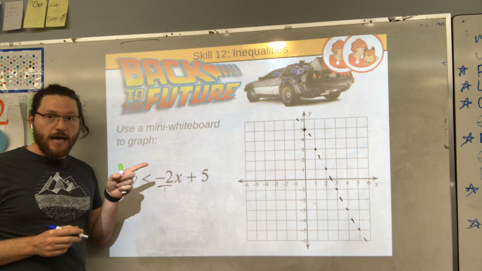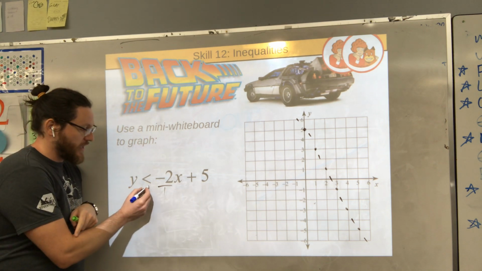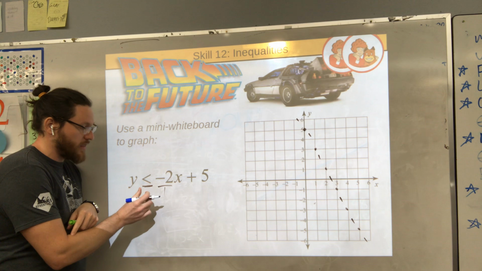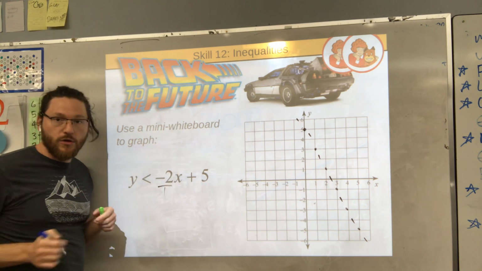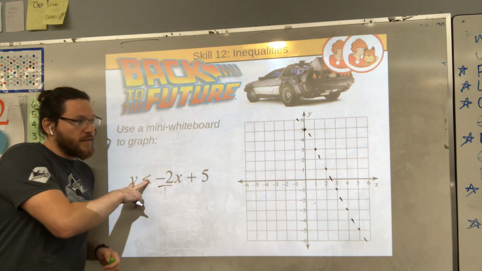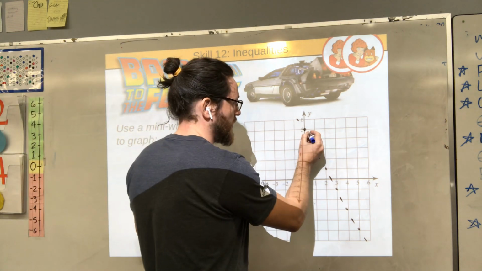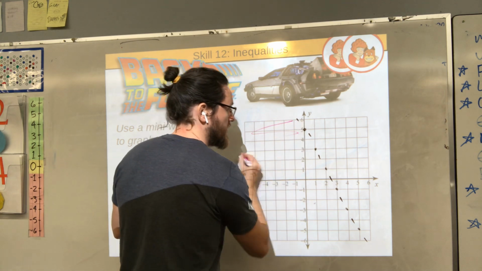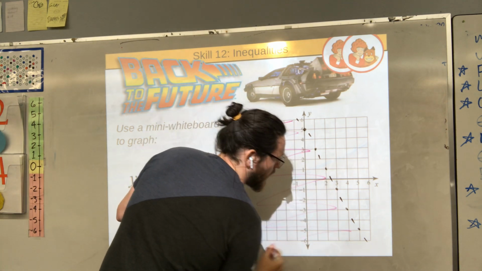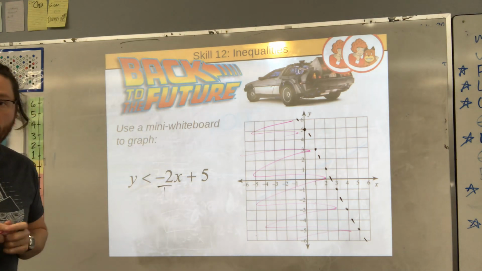That means we need a dotted line over there. The other way we've talked about thinking it, if there's a solid line underneath, we make it a solid line on the graph. If not, then we don't make it a solid line, okay? And once again, this says y is less than, so we come over here with our pencil. We want everything that is less than this line. So I need to fill in this part of my inequality graph, okay?